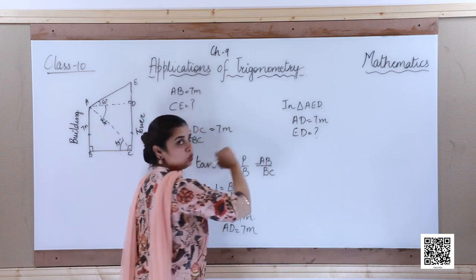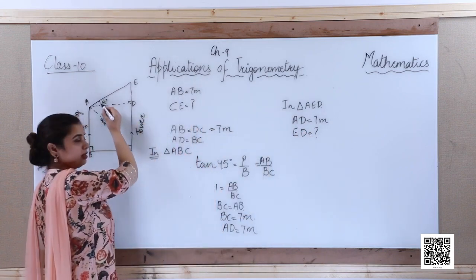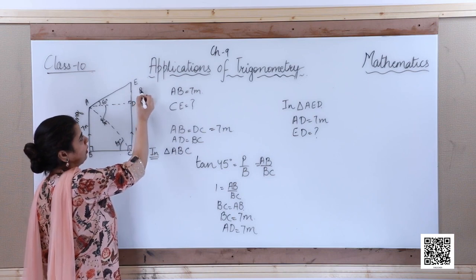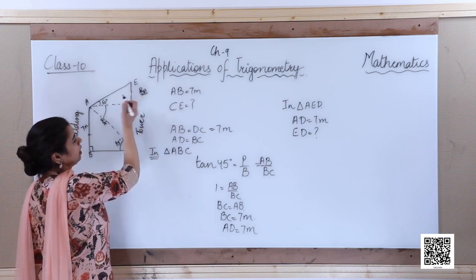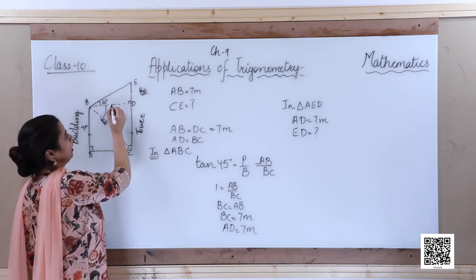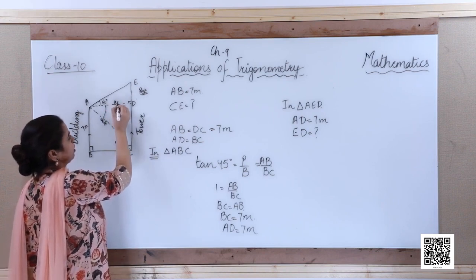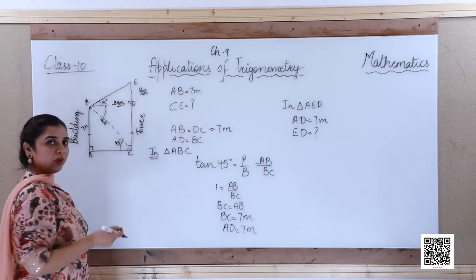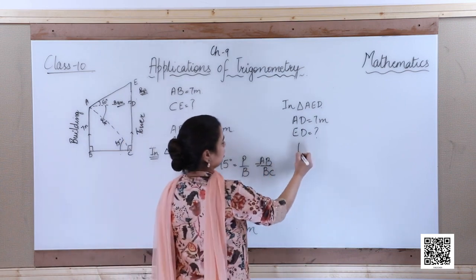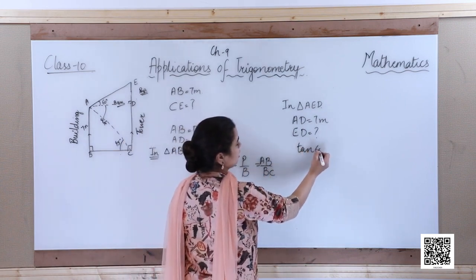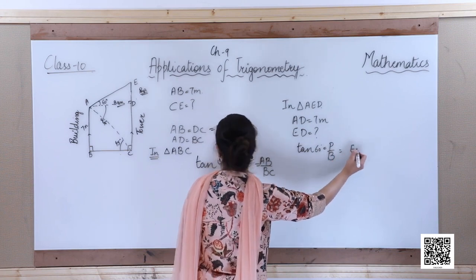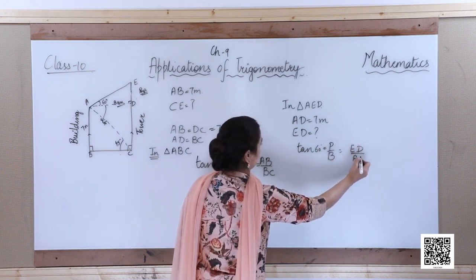So with respect to this triangle and this angle of 60 degrees, this ED which is unknown is the perpendicular, and this AD which is known already is the base. Now which trigonometric ratio connects perpendicular with base? That is tangent. So tan of 60 degrees is equal to perpendicular upon base, which is ED upon AD.